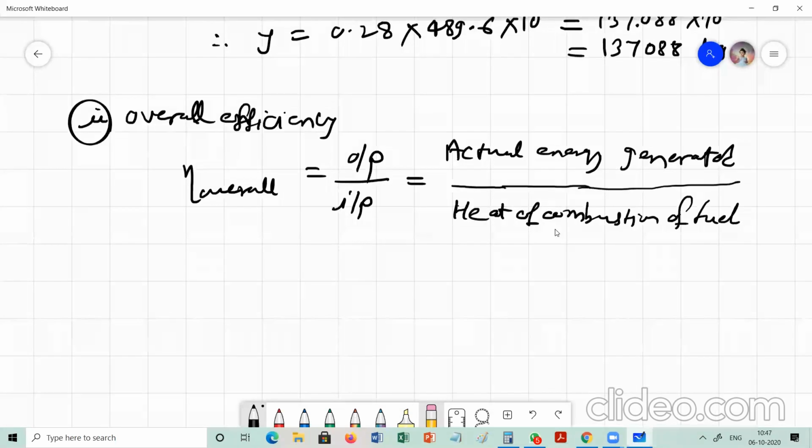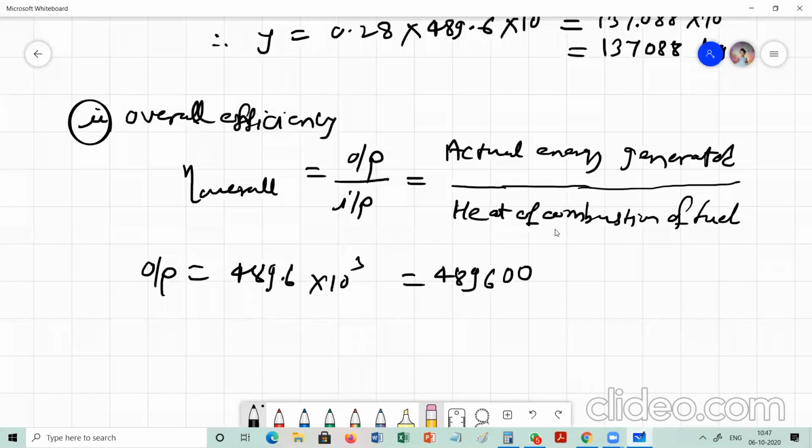Okay, so output we have, output is equal to 489.6 into 10 raised to 3, which is equal to 489,600, and it is in kWh.